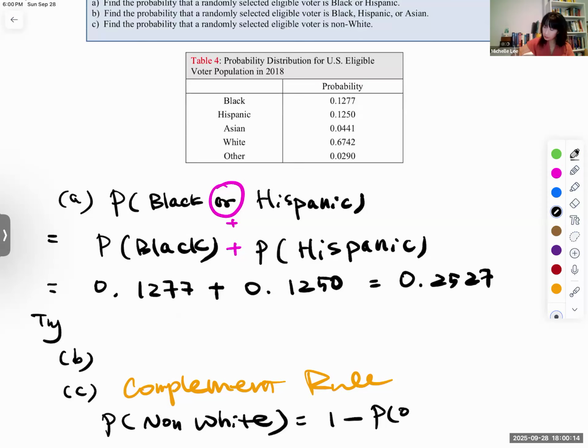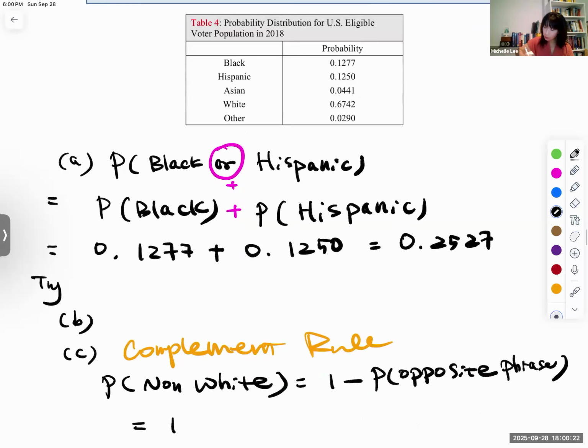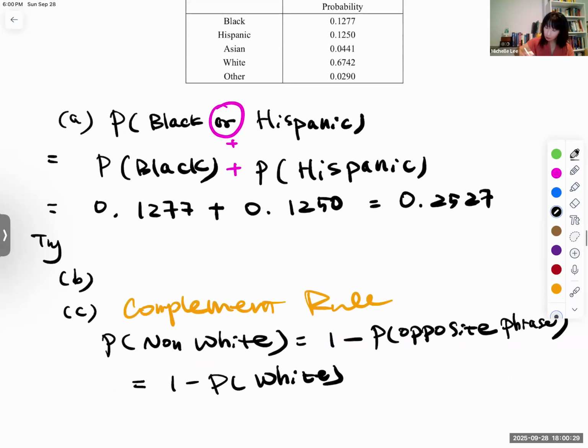Think about the opposite statement or phrase. So 1 minus the probability of white, which is 0.6742.